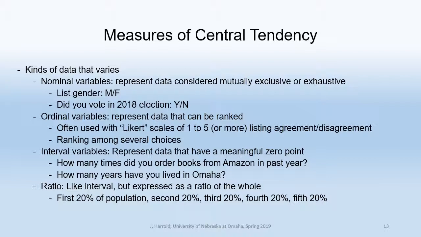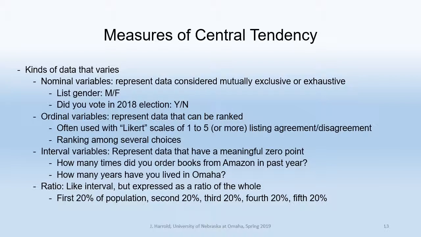In the demo, I'm going to talk about measures of central tendency, even though I'm pretty sure all of you know about them, and what kinds of measures you should use given the kinds of variables you have. Nominal variables are really just categorical variables, like male, female, or ethnic divisions that you see in the census.